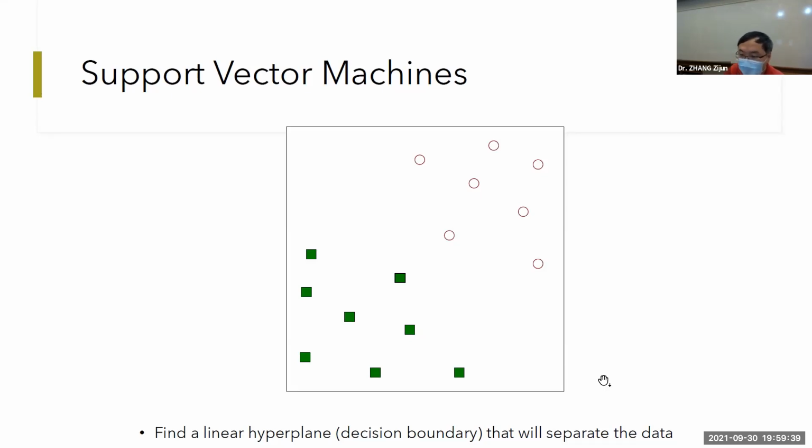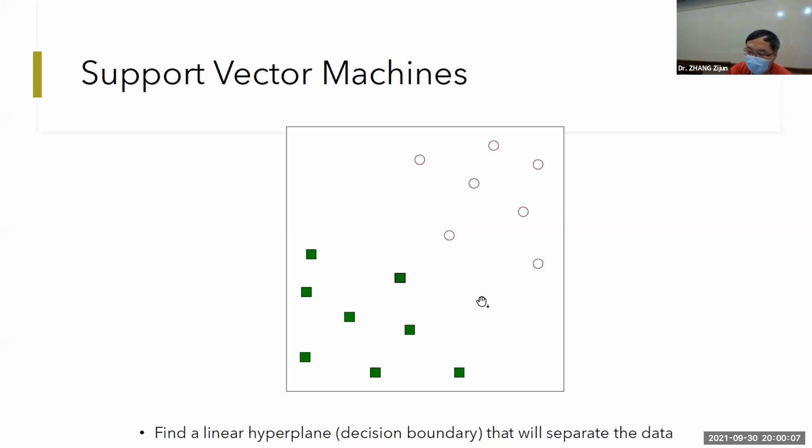So basically, if you have data points that fall into a two-dimensional space, and we use tags to define the category of those data points. For example, the square means one class of data points and the circle means another class.